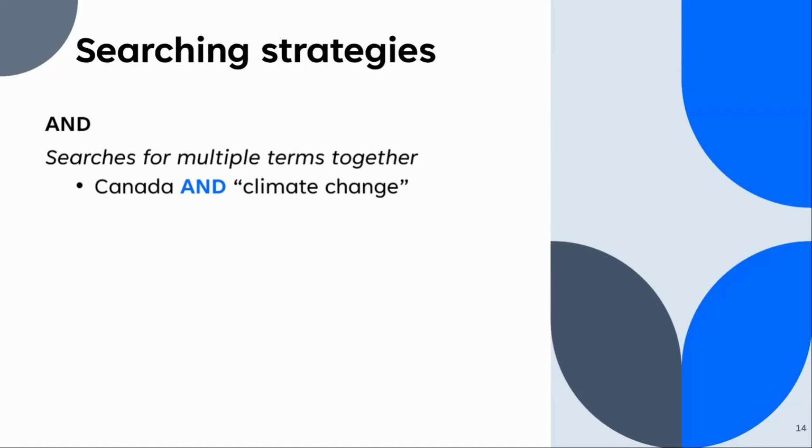Since it's a phrase, we would probably put quotation marks around it. That's how you could search for both of those things together. All of your results would have to include both. It couldn't just be an article that talked about climate change in other parts of the world but didn't mention Canada, or an article that talked about Canada and didn't mention climate change. Both pieces would have to show up.